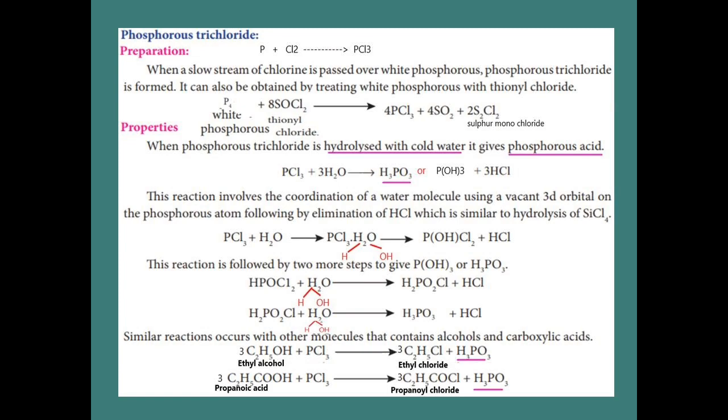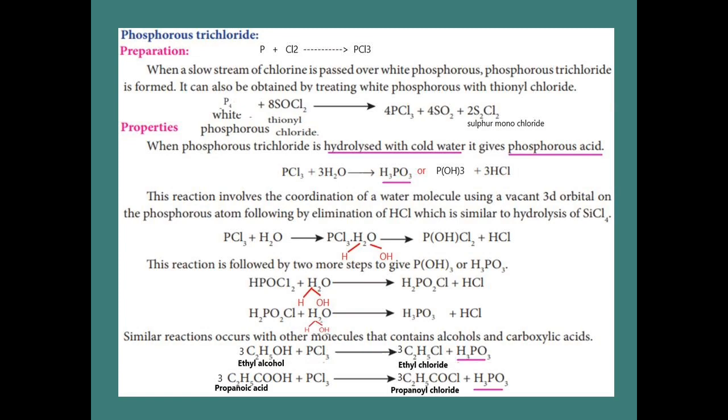Again, that POHCl2 reacts with another mole of water. Here also the water splits into H and OH. The H takes one chlorine, and instead of that chlorine one OH is placed there, so we get H2PO2Cl plus HCl.